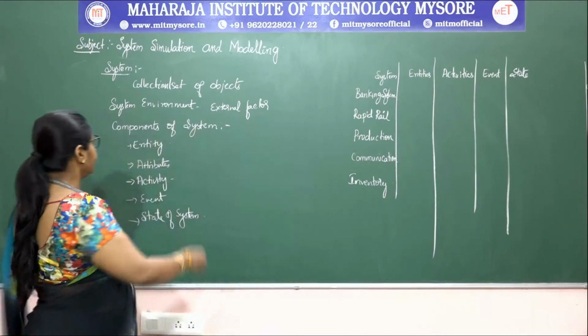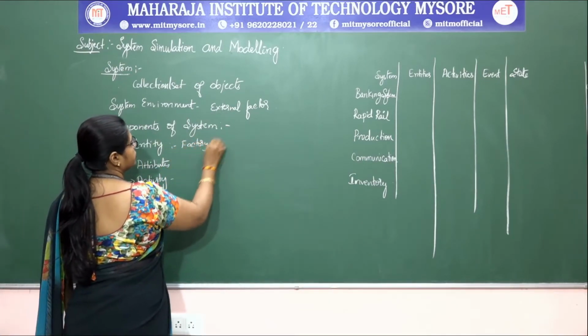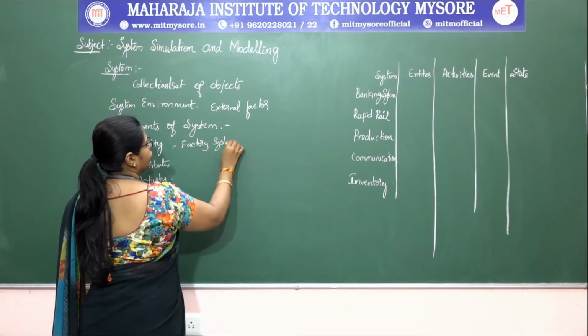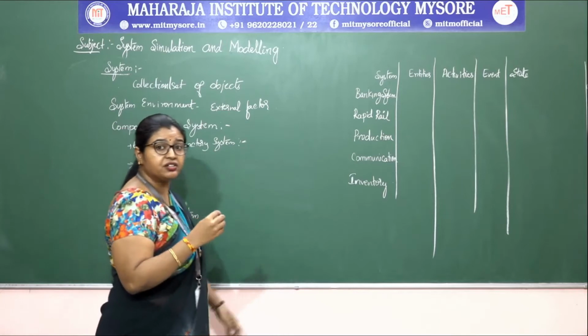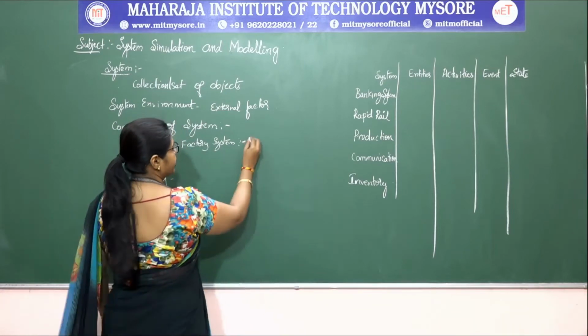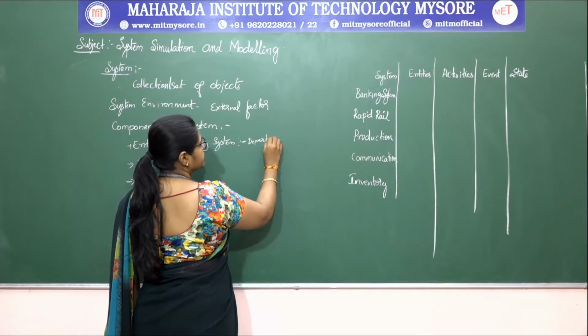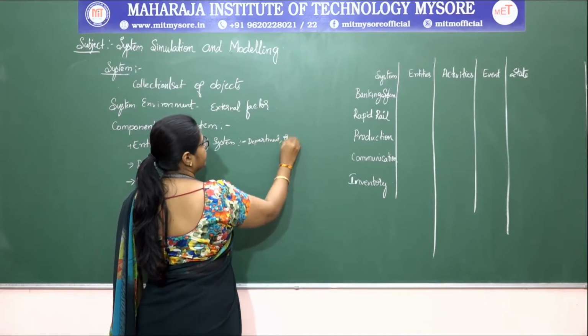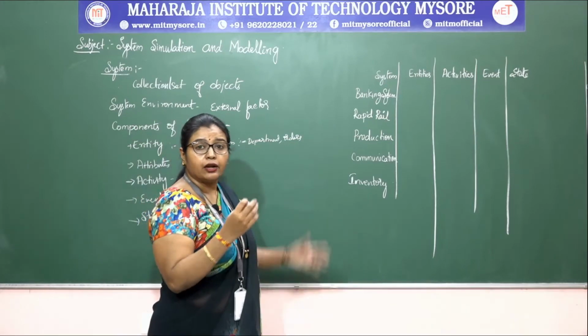Say for example, if you take the example of a factory system, the objects of interest are what? It might be the department, what type of department it is, the number of orders, and then we can have products.